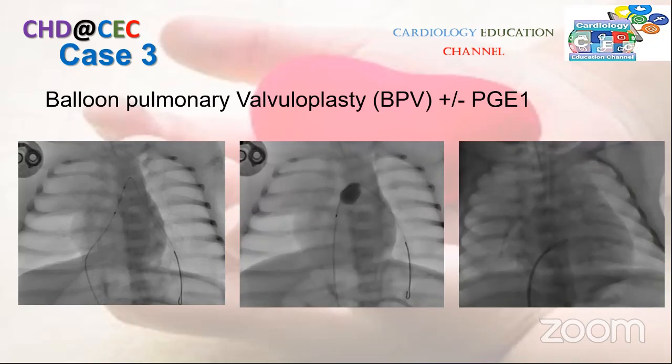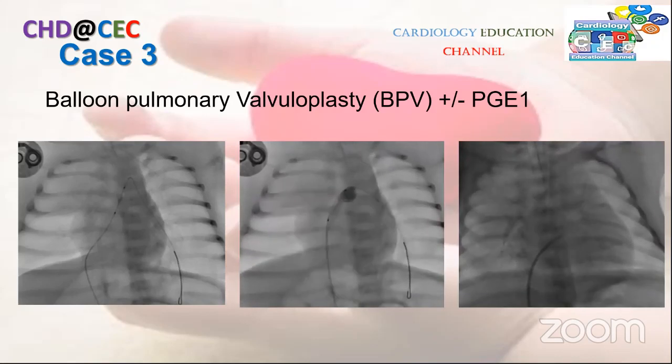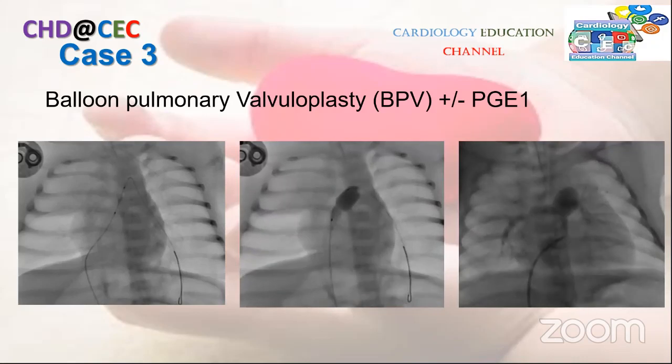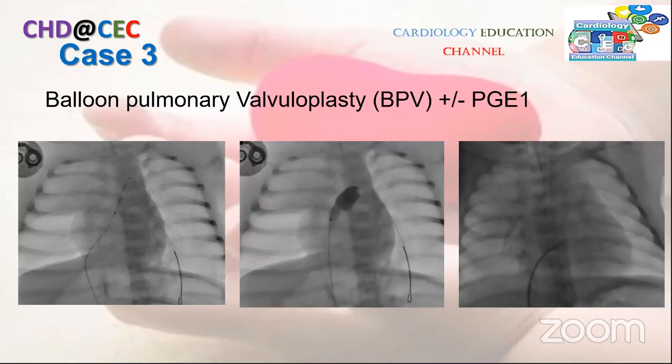Inodilators would be very helpful, and we should always keep in mind that one of the worst complications in those babies after balloon dilatation, even when the baby is still on table, is a suicidal RV. It is one of the worst complications you would face while dilating a pulmonary valve.